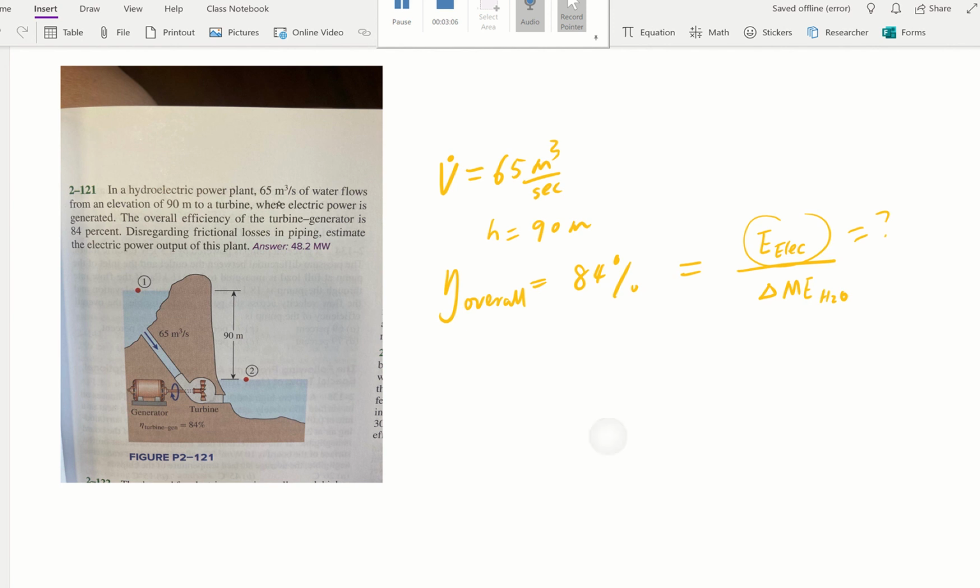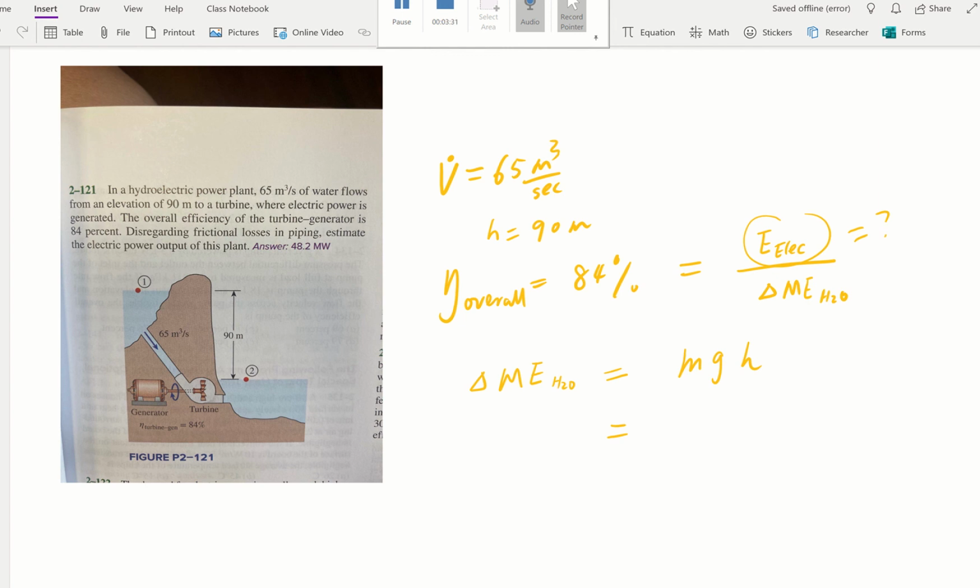And so the question is, can we find the decrease of mechanical energy of water? Can we? All right, let's think about it. The mechanical energy decrease of water is going to be mg delta h, mgh. Now let's think.